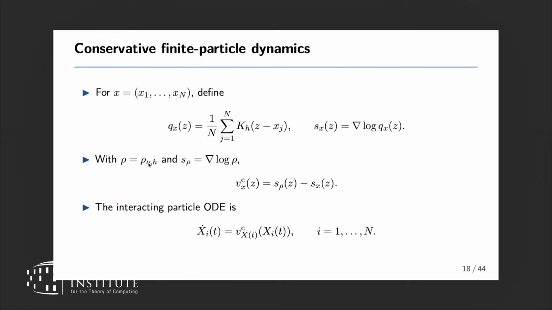One thing to note here is that I do not make any assumption about whether nu is itself a density or just an empirical measure based on your target point cloud. In any case, your rho is going to be a density because it's a KDE convolution, right? So now your S rho is going to be the difference between these two scores. And your interacting particle ODE is given by this equation right here.